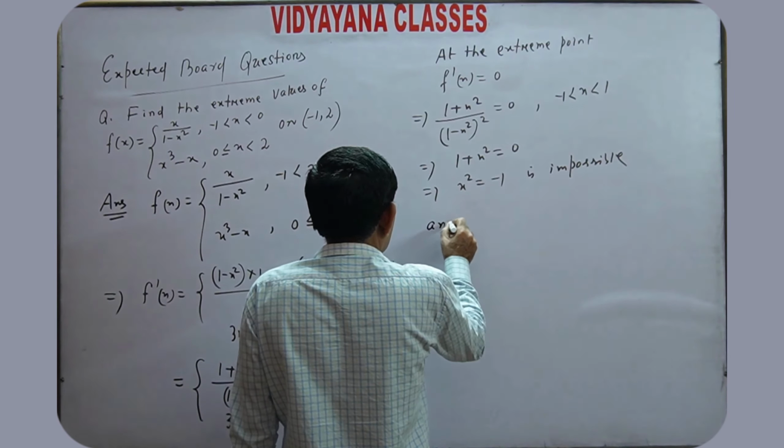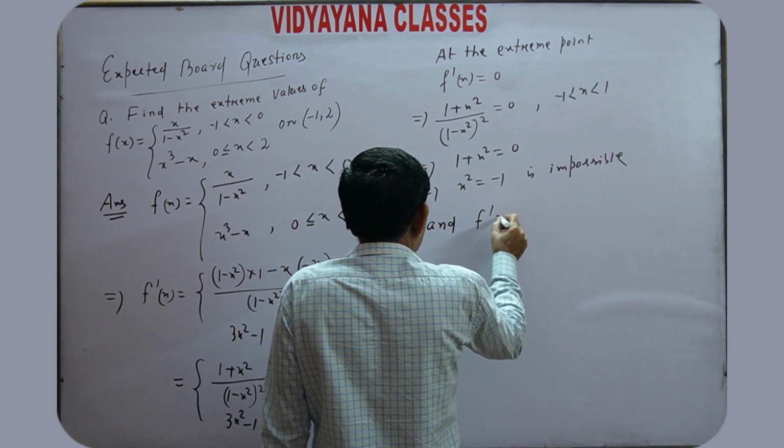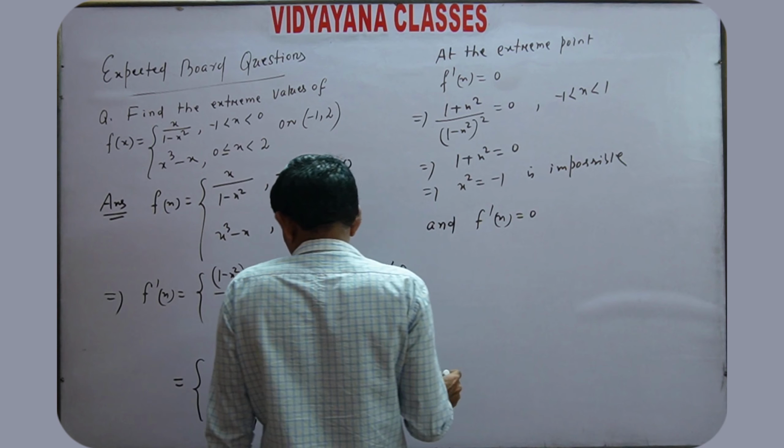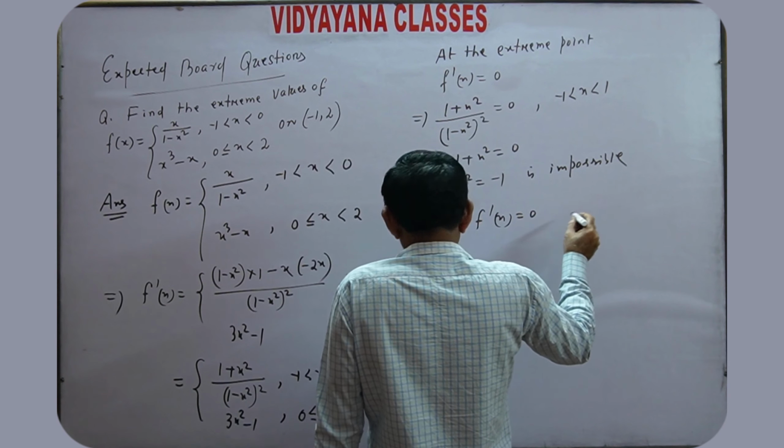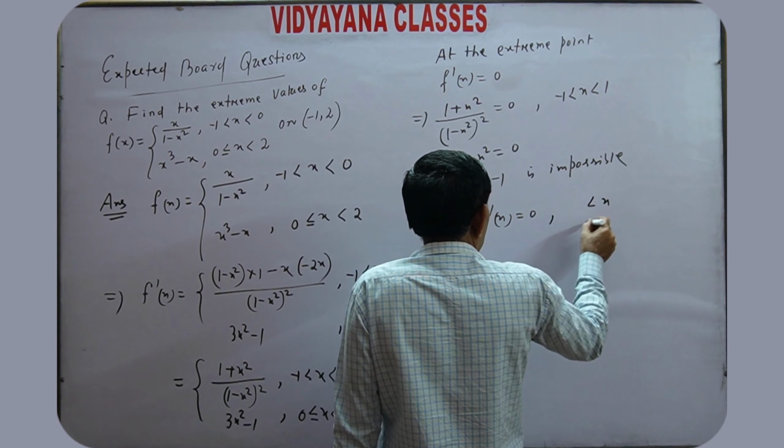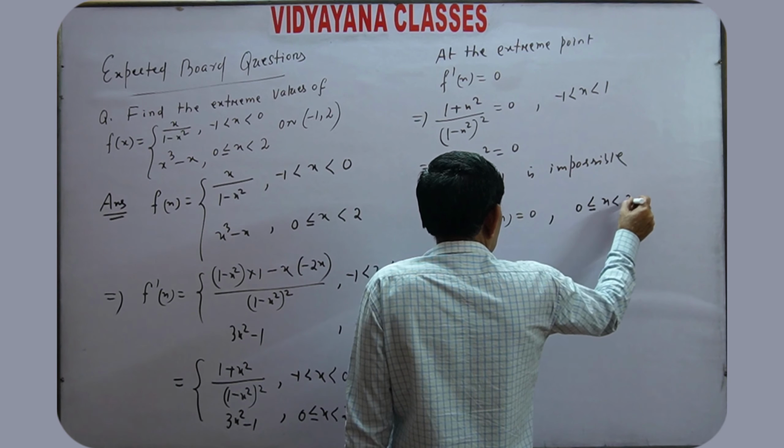And f dash x is equal to 0 when x is greater than or equal to 0 and less than 2.